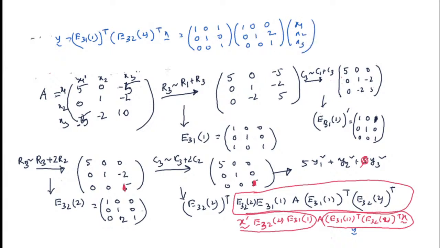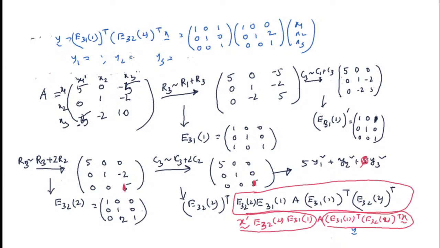So if you multiply all these things, then you can get y1, y2, y3. So a new variable comes from this relation.